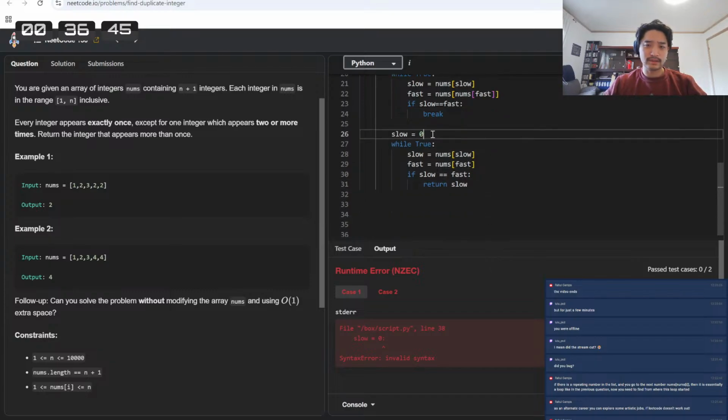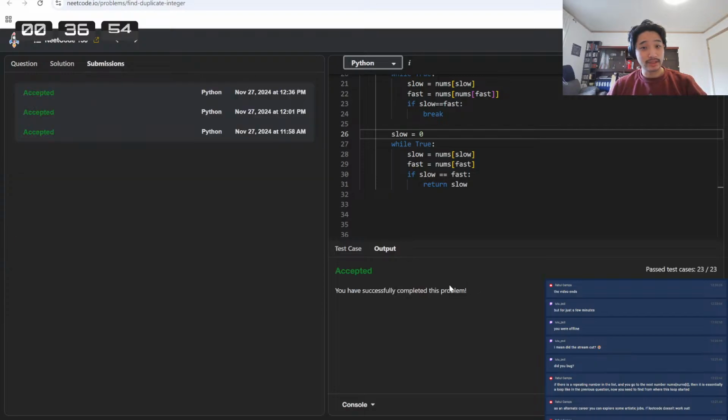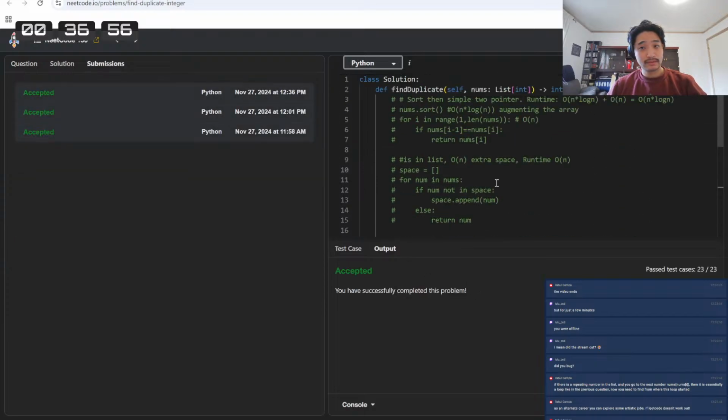Why did I write it this way? This was actually clean. I like this question. So now I have 3 different ways of doing it.